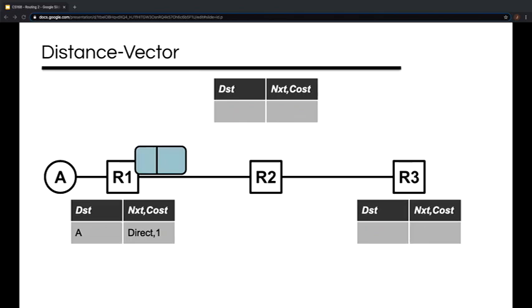And so R1 is going to advertise this route to its neighbors. And we're going to write down the source of this route advertisement. We'll do it on the left side of this packet here. So this is a route coming from R1, so we put R1 in the packet here. Might be in like the source address field. And on the right side, we're going to put the destination that the route is referring to and the cost.